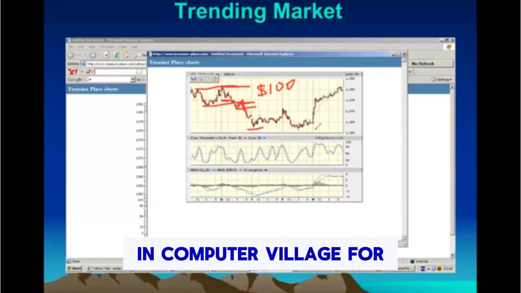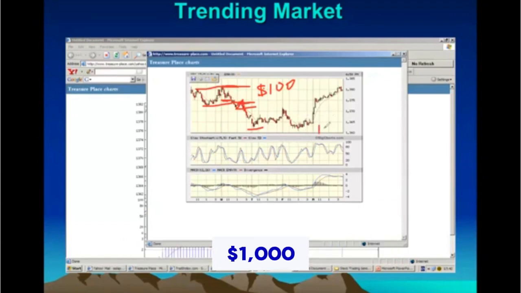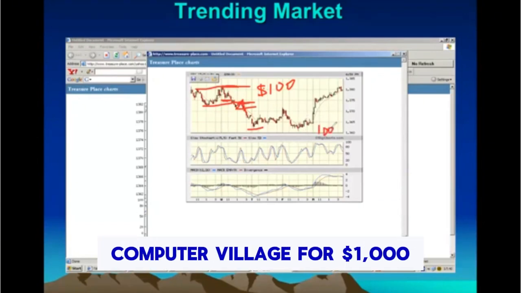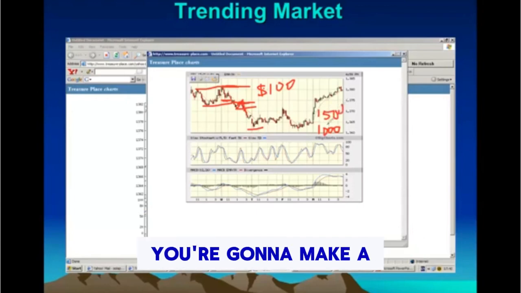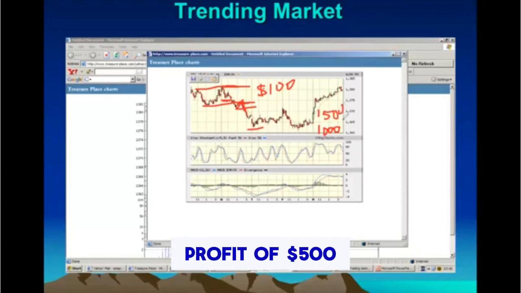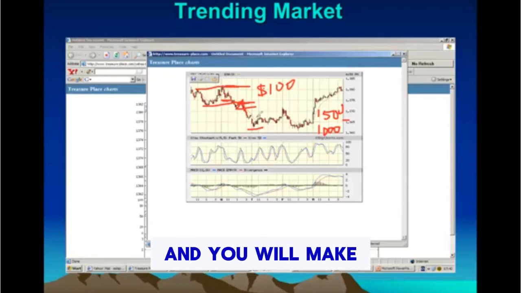You bought it in Computer Village for $1,000, and then you go up north or to another place and you sell it for $1,500. You're going to make a profit of $500. Is that not so? So in this market, you can decide to sell high and buy low, and you will make a profit.